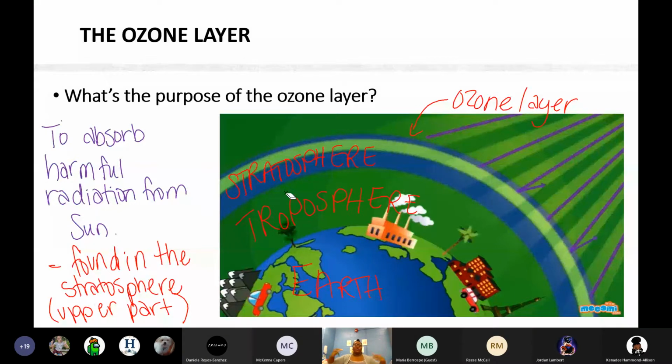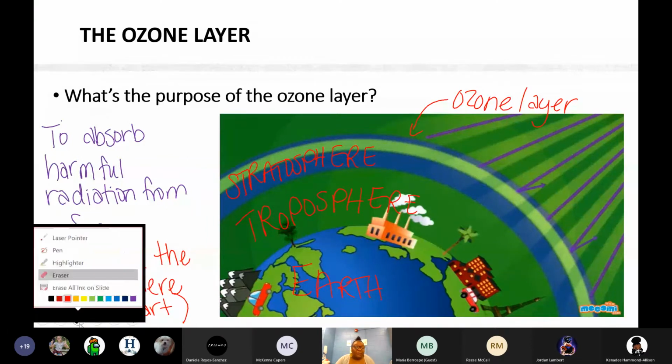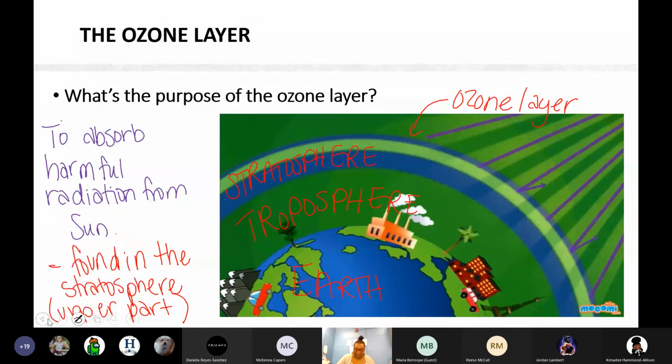Its job is to absorb harmful radiation. That's what these waves are, harmful radiation. And then it not only absorbs some of it, let's add to that definition, it absorbs and reflects harmful radiation from our sun.